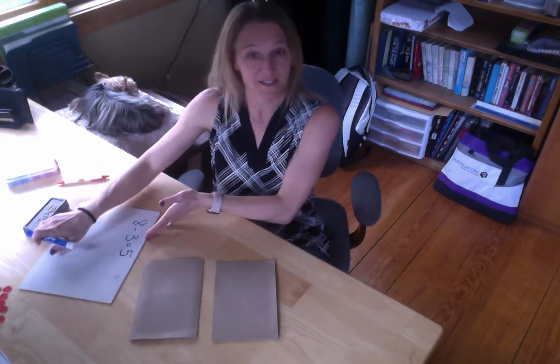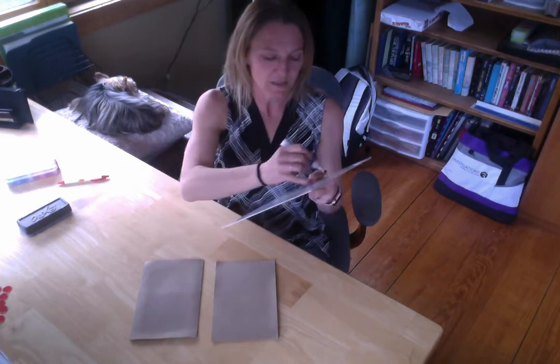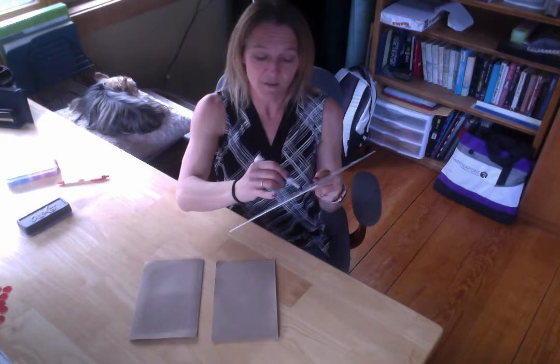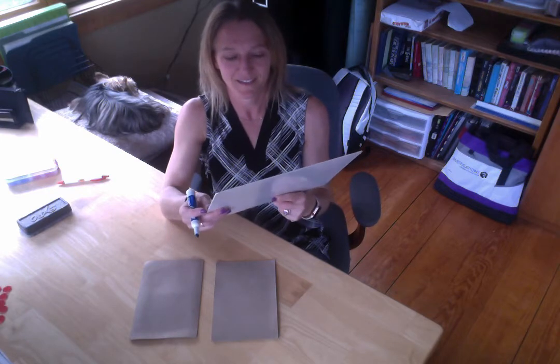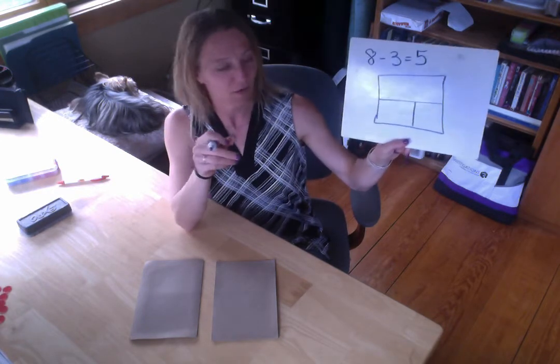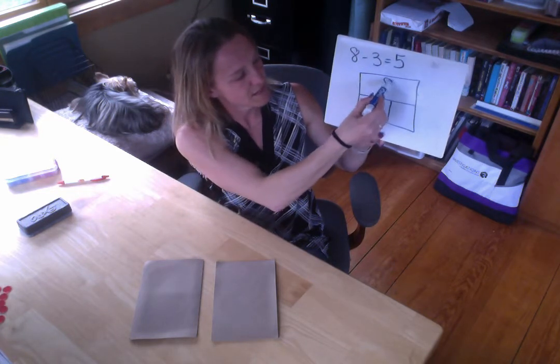I'm going to bring back something that hopefully all of you are remembering right now. Something called one of Mrs. Davidson's favorite things. Tell somebody next to you what's my favorite thing. A bar model. Yes. Okay. So here's my bar model. What goes up here? The 8.